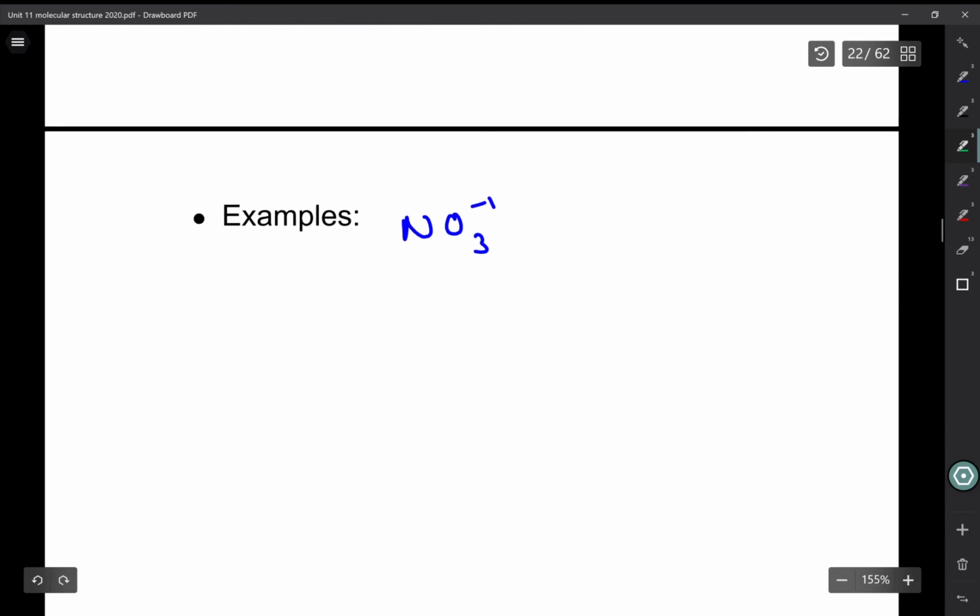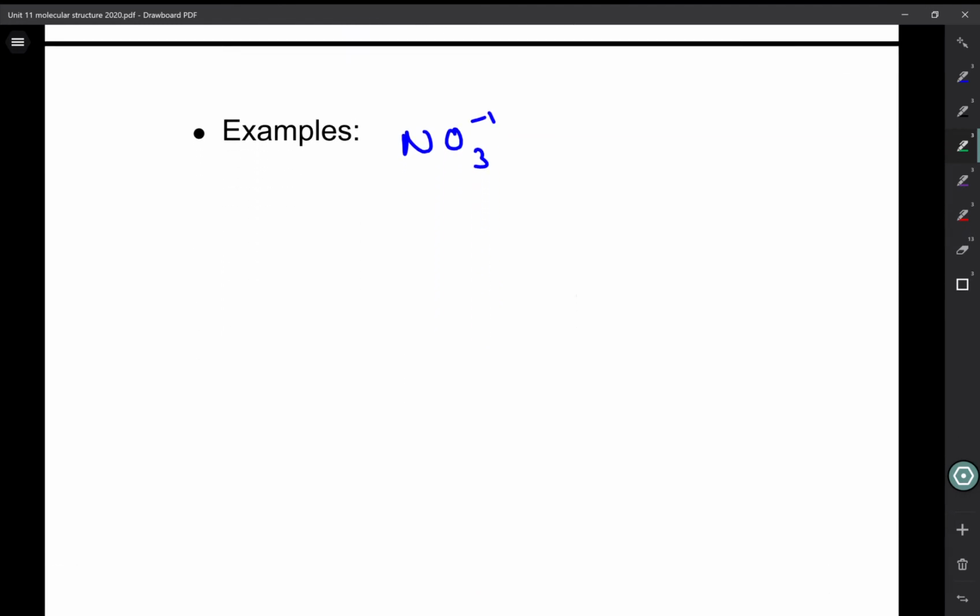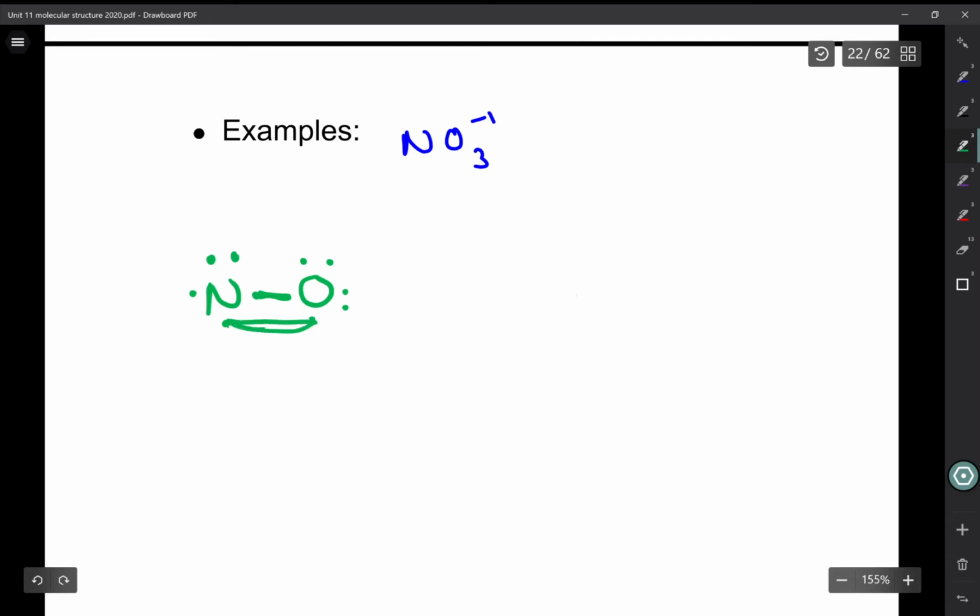Okay? So, for example here, NO3, the nitrate ion. If you look at nitrogen, there's your 5 electrons there. Oxygen has 6. 1, 2, 3, 4, 5, 6. That oxygen, we're going to make a double bond there.